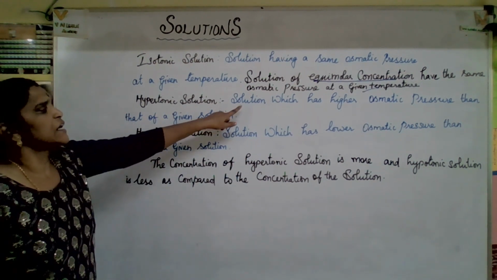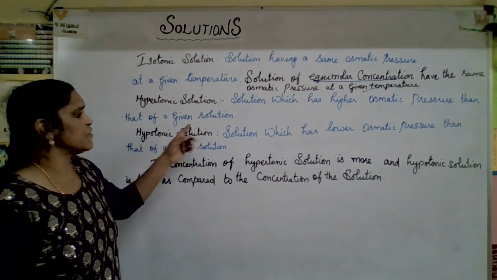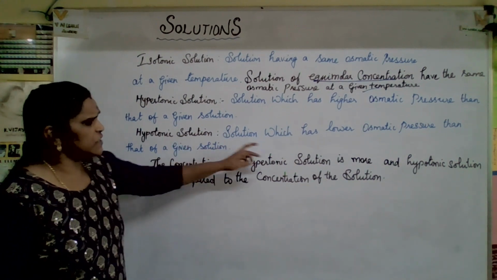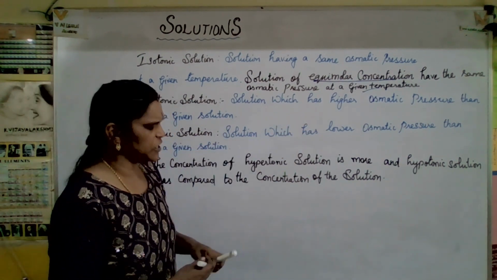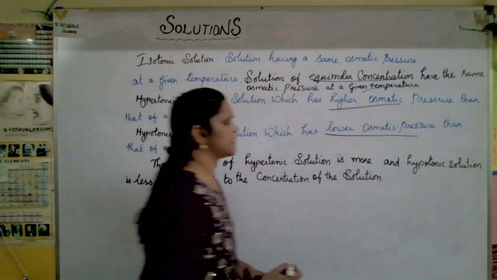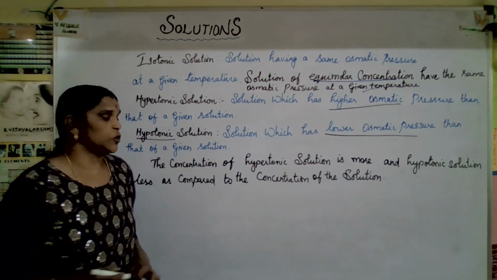Come to this point. The solution which has higher osmotic pressure than that of a given solution is a hypertonic solution. A solution which has lower osmotic pressure than that of a given solution is called a hypotonic solution.